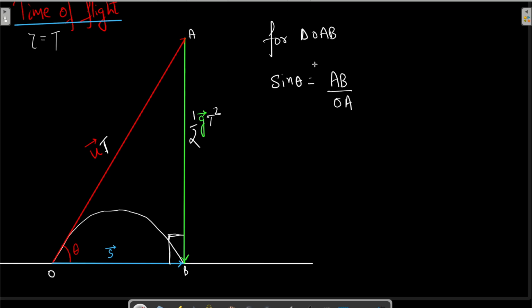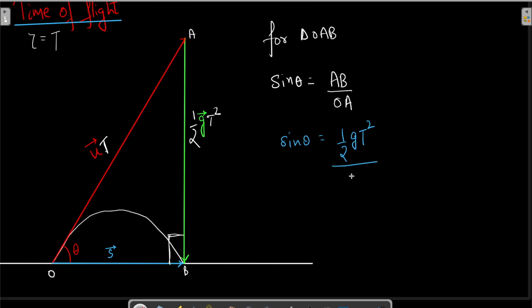Now we are not using any color code. Why? Because now we won't talk about the vector part. We'll talk only about the magnitude part. Okay, so we can write it using blue color also. Sine theta is equal to AB. How much is AB? It's half g T square divided by OA.